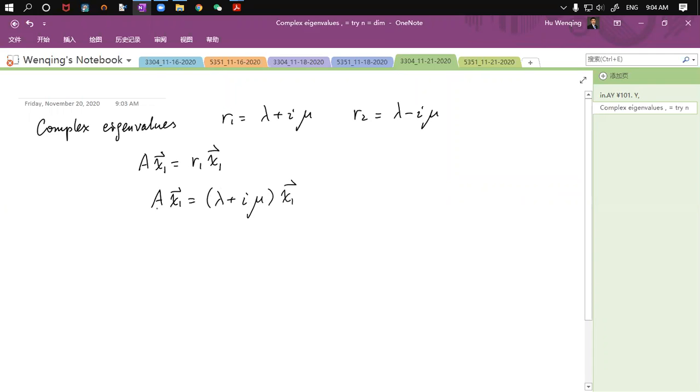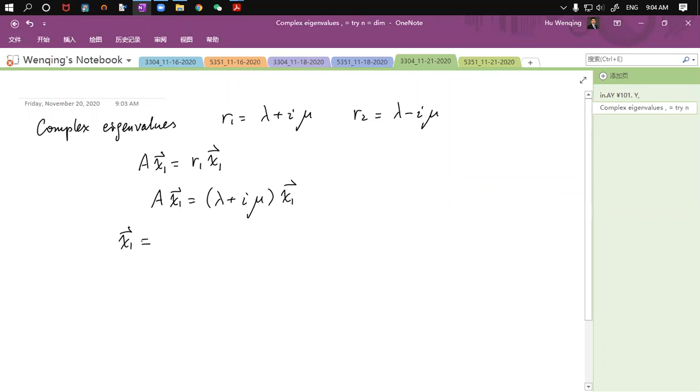If the vector is real, the left-hand side will be real but the right-hand side will be complex, so this is never going to be true. The only way this identity can hold is if the vector is complex.